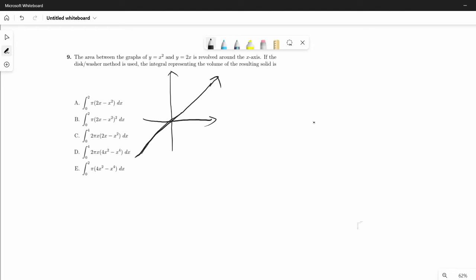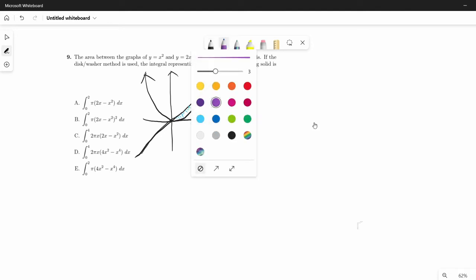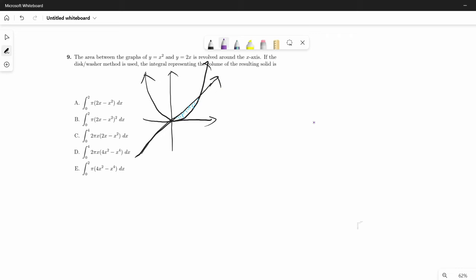And then here, we have the parabola. And now, since it's revolving around the x-axis, it's this part that is revolved around the x-axis. So it would be doing something like this, right?